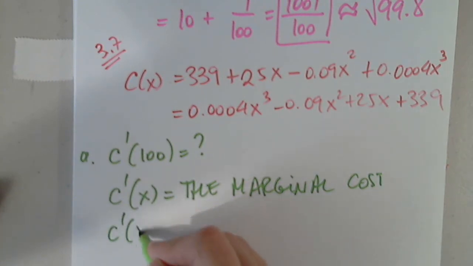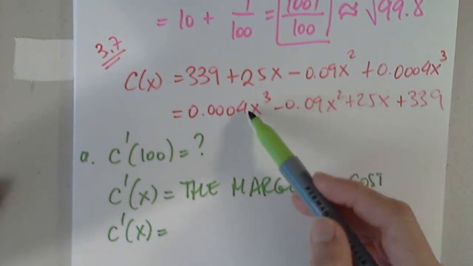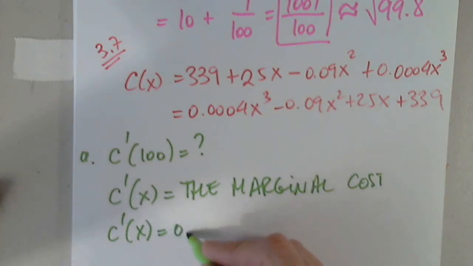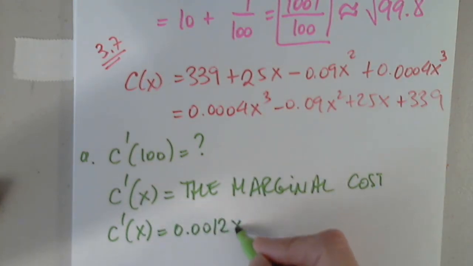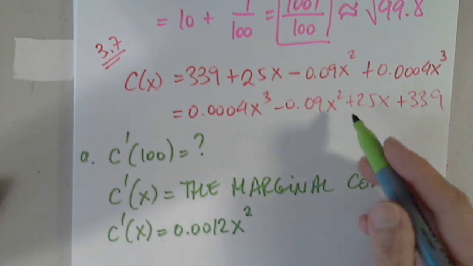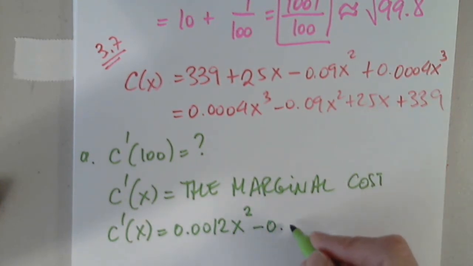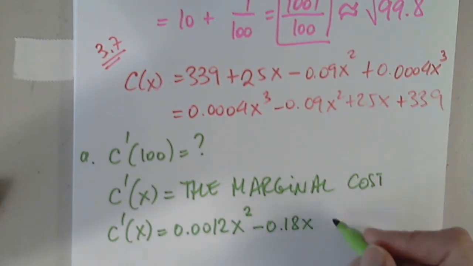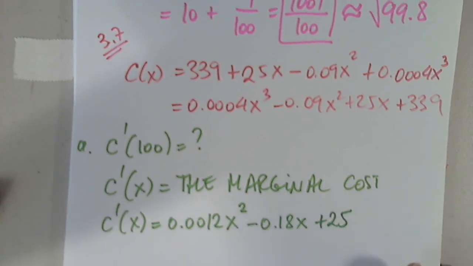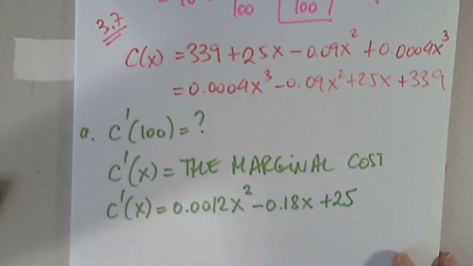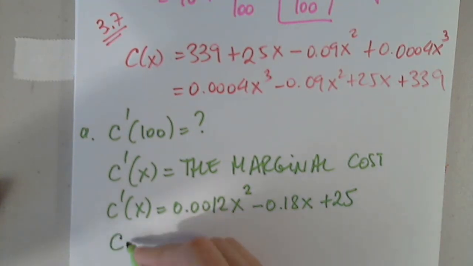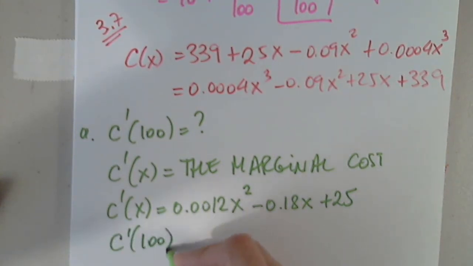So let's find C prime of x. I bring down 3 and I multiply by 4, so I get 0.0012x squared. I bring down 2 and I have minus 0.18x and this plus 25. So we determine the marginal cost. Now we can determine C prime of 100 and we will have to interpret and see what that means.